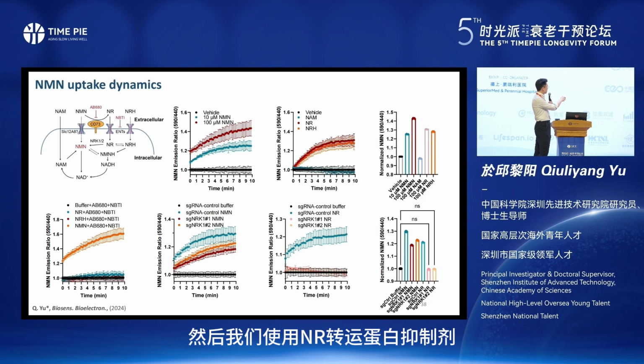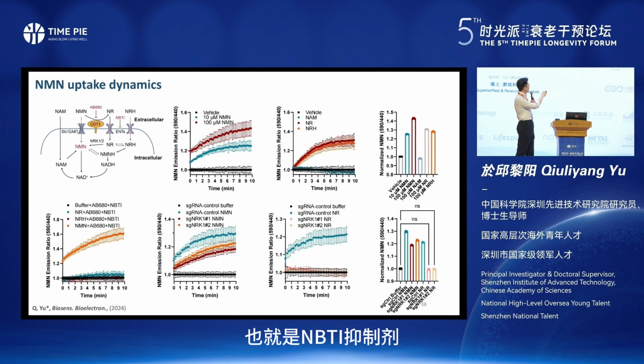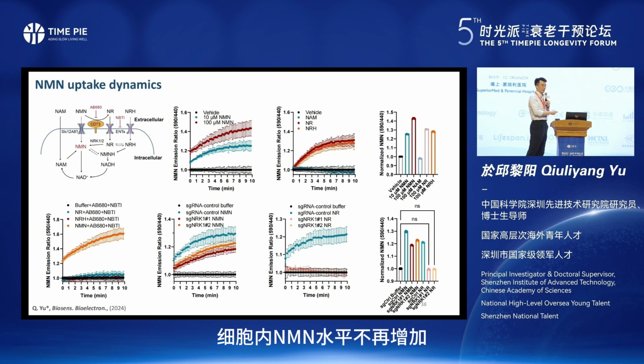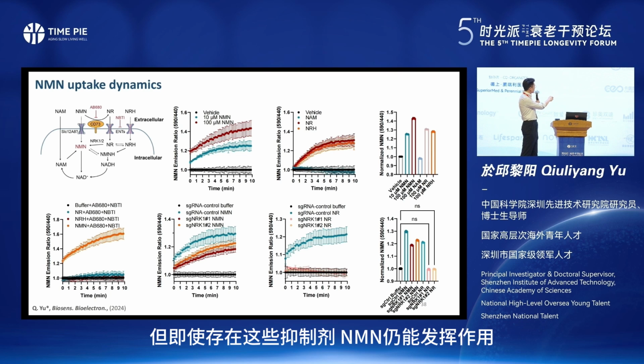And then if we put in inhibitors of the NR transporters, so these are ENT inhibitors, the NR uptake of the cells gets killed. So basically you no longer increase any cellular NMN. But NMN is still effective even in the presence of all these inhibitors.